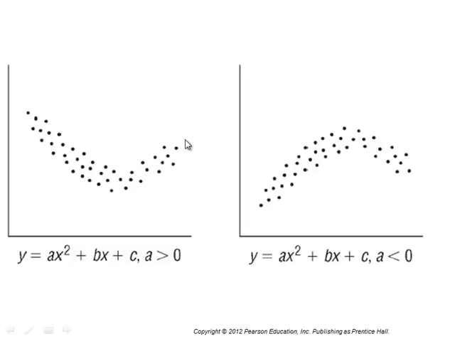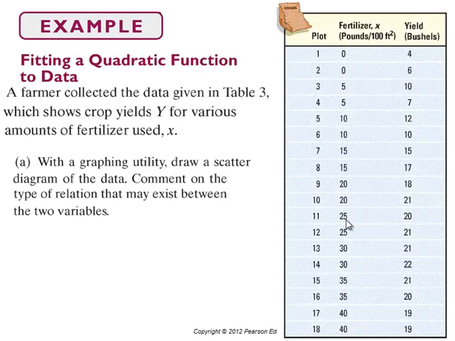So you have an upward opening parabolic shape or a downward opening parabolic shape. Either way, we're looking for an equation in the form y equals ax squared plus bx plus c, where a would be positive in the first case and a would be negative in the second case. So how do we do it?